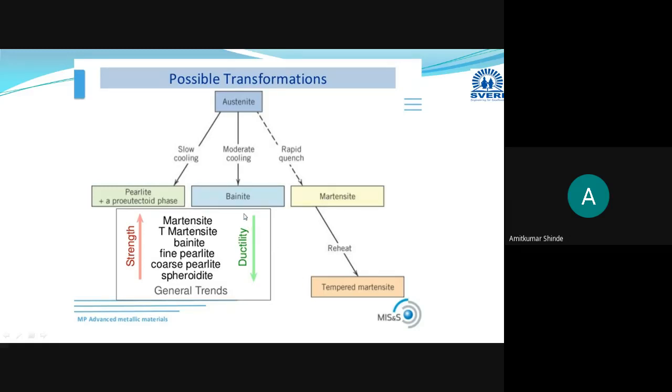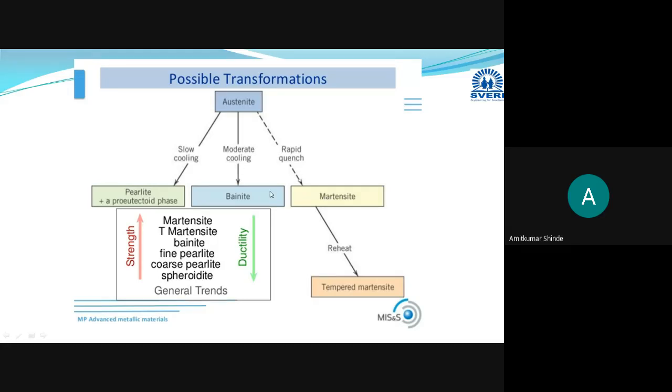If you want more ductility or to increase toughness, you should end up with pearlite. If you want more hardness, austenite has to transform to martensite. If you want more ductility, better machinability or softness, austenite should transform to pearlite. If you want a combination of strength and ductility, you have to use moderate cooling rates.